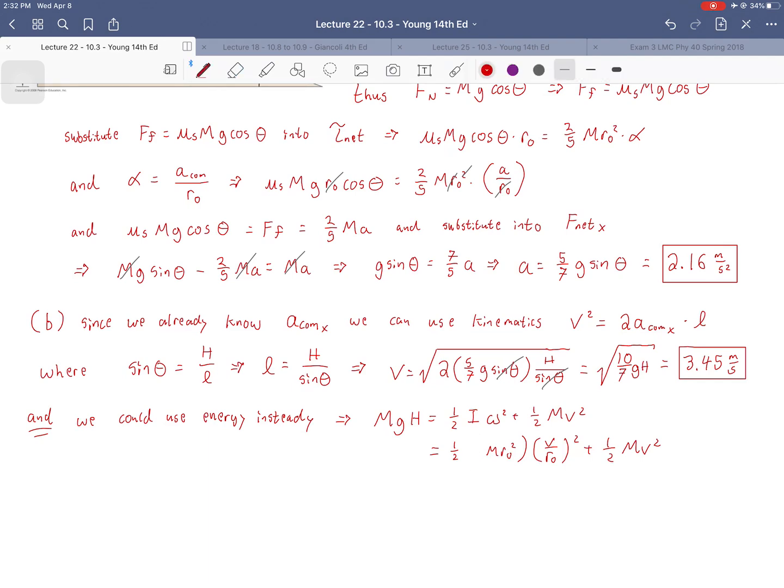Okay, and then when you solve for that, oh, it's not a 1/2, it's a 2/5, because it's a sphere, not a cylinder, excuse me. So if you think about these two terms here, this one here would become a 1/5. 1/5 plus 1/2 is going to give us our 7/10.